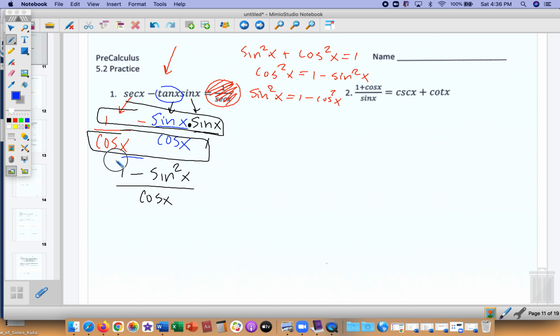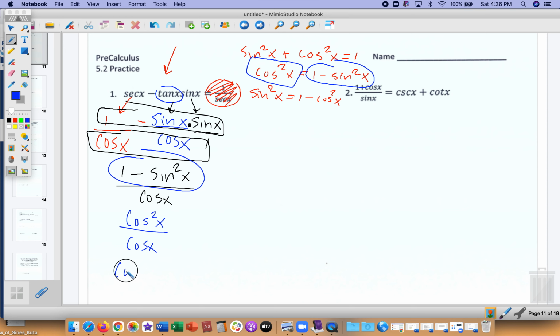If we look right here in the numerator, we have 1 minus sine squared, and 1 minus sine squared is equal to cos squared x. So cos squared x over cos x. So in the numerator we have cos x times cos x, denominator cos x, and cos x cancels numerator and denominator. So we have cos of x.